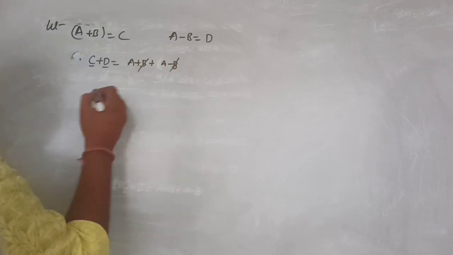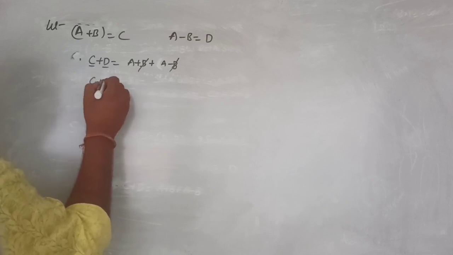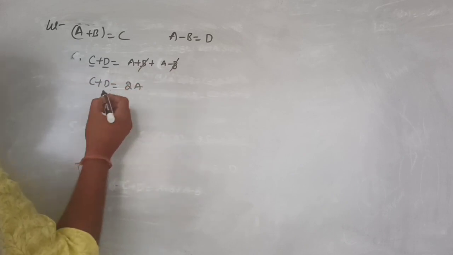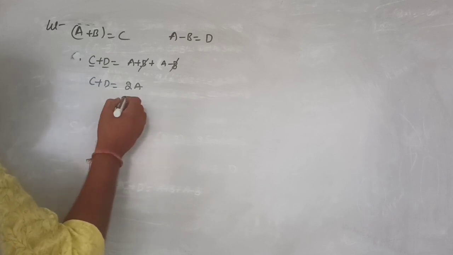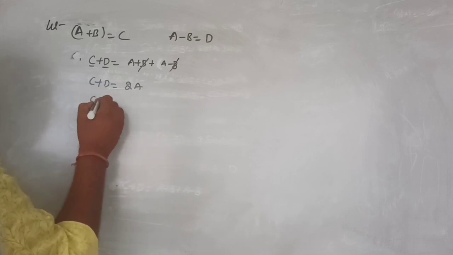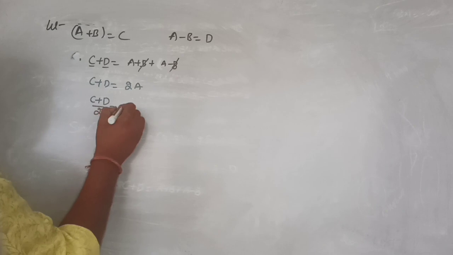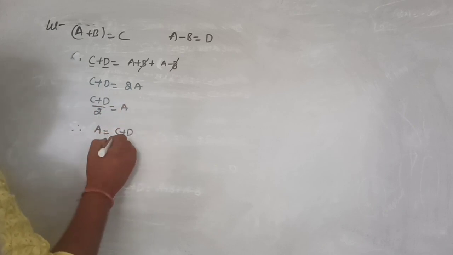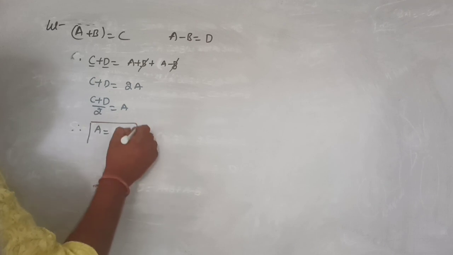B minus b cancel. So c plus d is equal to a plus a is 2a. Okay. So here c plus d by 2 is equal to a. Therefore a is equal to c plus d by 2.